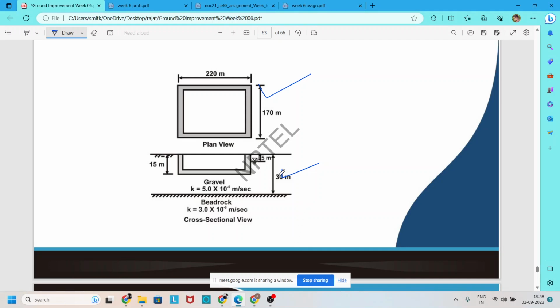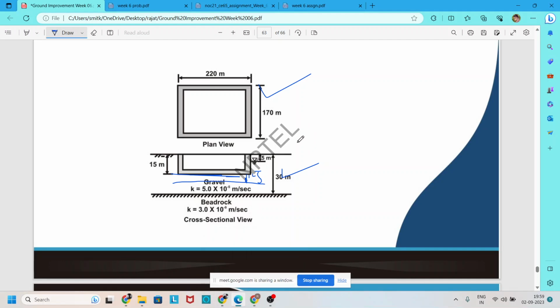We were discussing this problem. We need to excavate this plan area up to a depth of 15 meter, but the groundwater table should be 1.5 meter below the excavation level. Here the plan area is given as 220 meter by 150 meter.